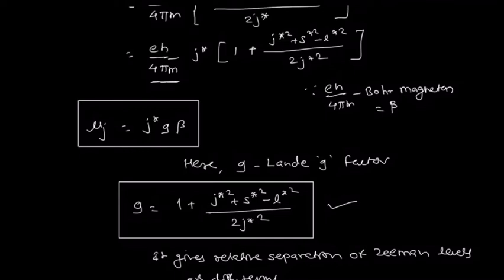Suppose in that case we neglect the electron spin. Then what happens?